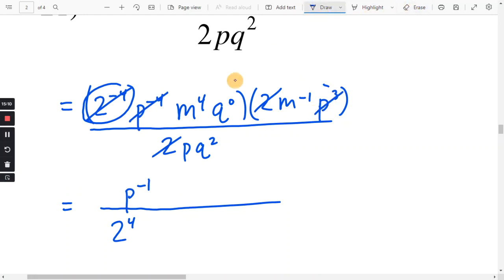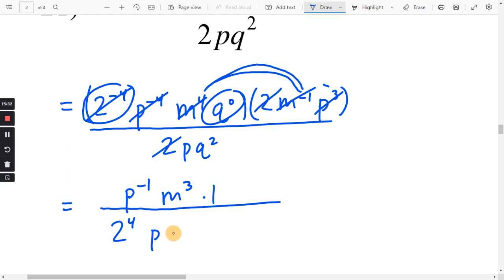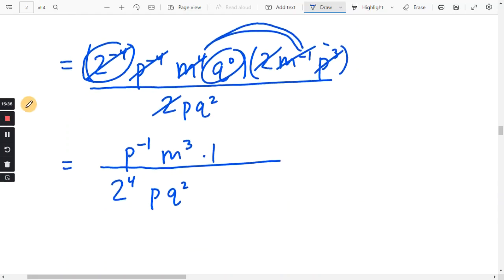And for the m, we have m to the fourth and m to the negative 1. 4 plus negative 1 is positive 3. So those are done. And q to the 0 is just 1. We can write times 1, but it doesn't do anything. And in the denominator, we have pq squared. All right.